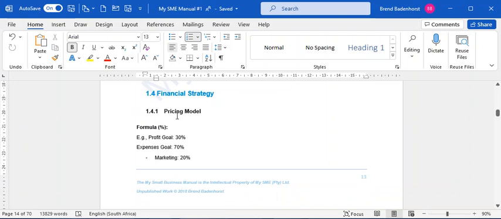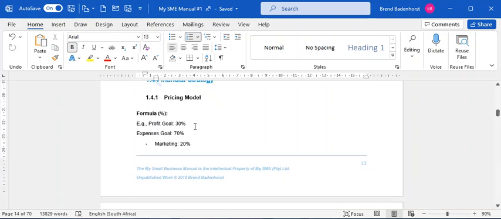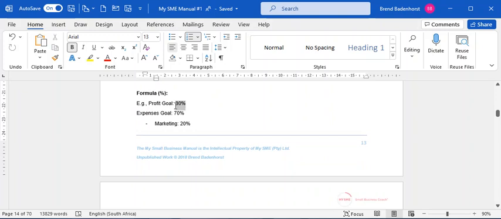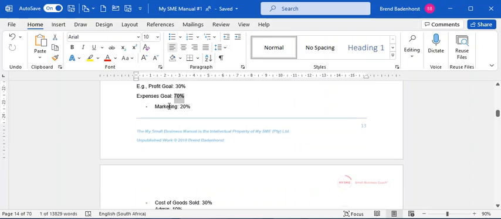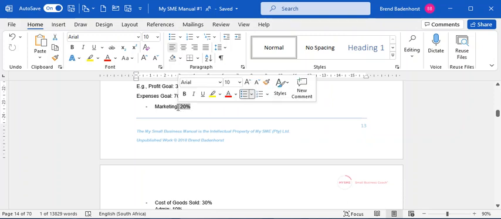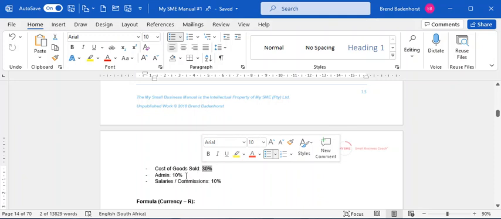You want to first of all set a profit goal for yourself. The formula is fairly simple. You have your profit goal of, let's say, 30%. That gives you 70% to play around with and get all your expenses to work within that 70%. So you need to consider marketing, cost of goods sold, admin, and salaries and commissions.